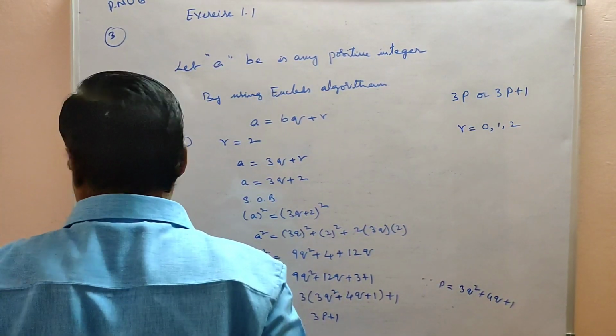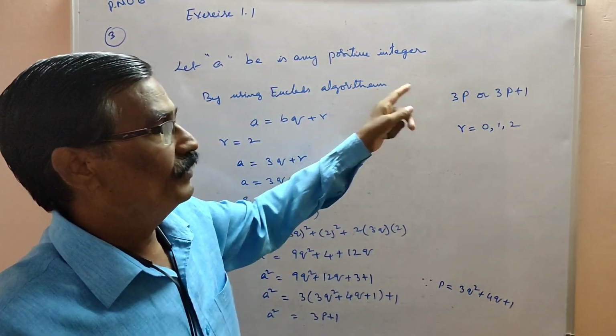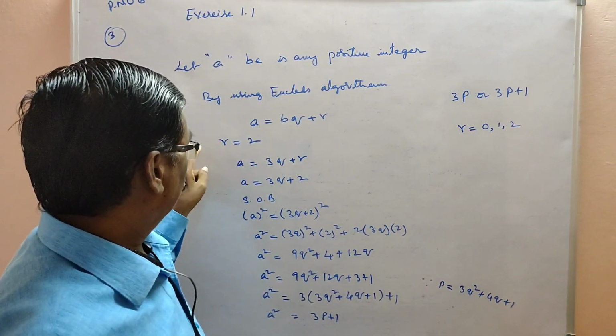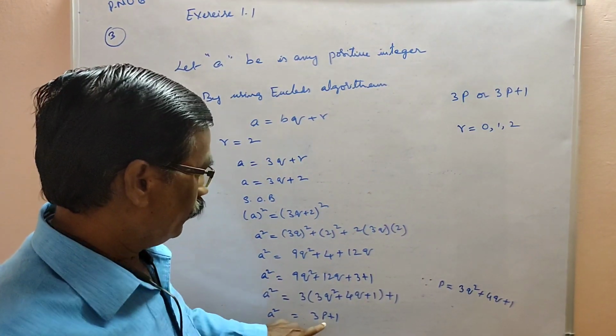So what we showed: when r equal to 0, a square equal to 3p. When r equal to 1, a square equal to 3p plus 1. Now the third one, r equal to 2, a square equal to 3p plus 1.